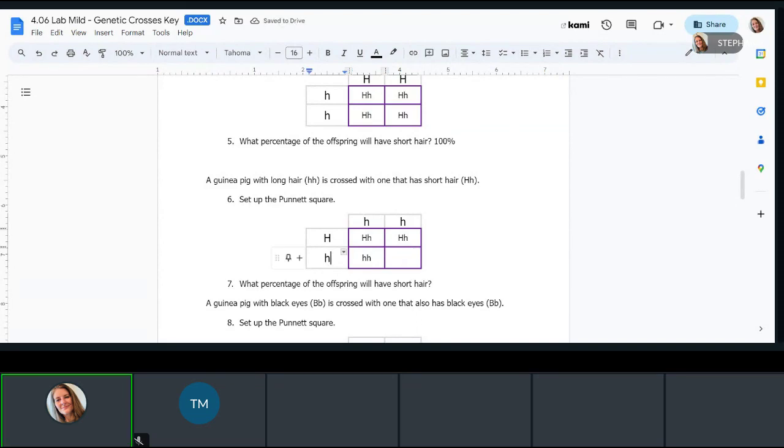Do the same thing, give from this box over to this box, and give from this box down to this box. Kind of seeing how we're doing that, how we distribute them out there. Okay. Now, with these two parents, what's the percentage of offspring that'll have short hair?